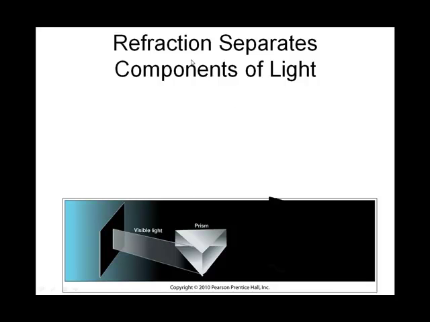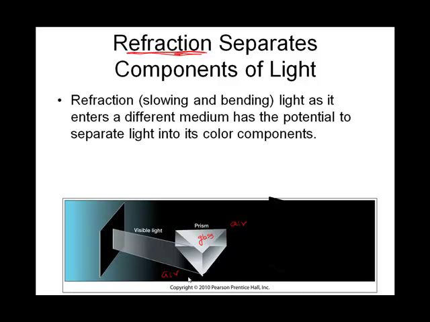So we talked about refraction before, and I mentioned that in those cases, all components of light were changing direction together. But what a prism does is make use of light changing from air to glass, and then back from glass to air again. And it is in just the right configuration that your components of light are refracted differently.